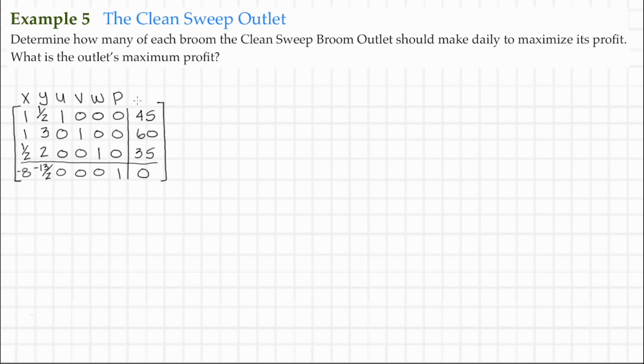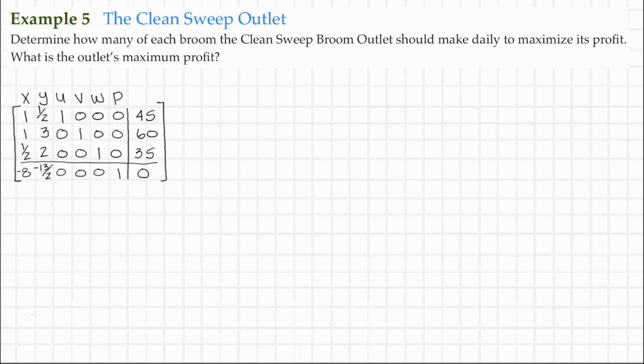So 45 divided by 1 is 45. 60 divided by 1 is 60. And 35 divided by 1/2 is 70. The row that yields the smallest ratio is our pivot row, so it's this row and this column. Our pivot element is going to be the 1 right at the top.